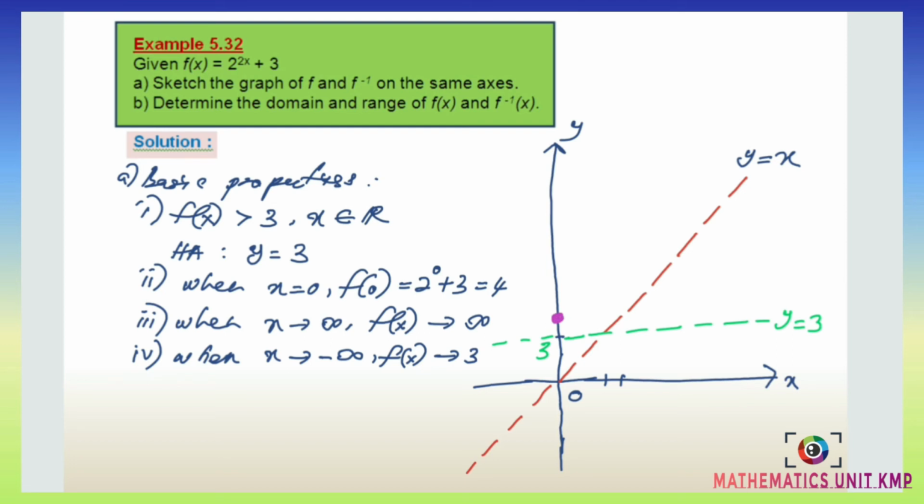And when x approaches infinity, f(x) approaches infinity, to the right, and increases. When x approaches negative infinity, to the left, f(x) approaches the horizontal asymptote at 3. Approaches 3 and label f(x).